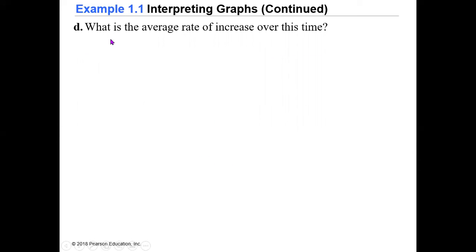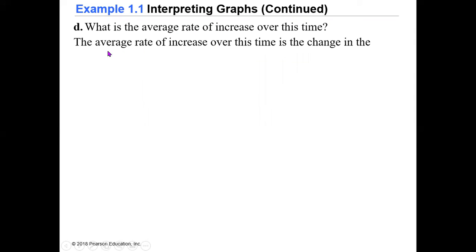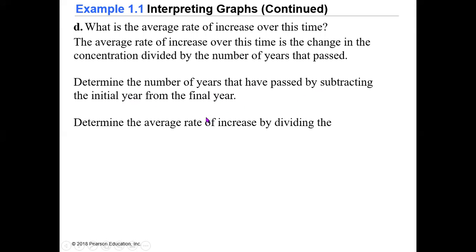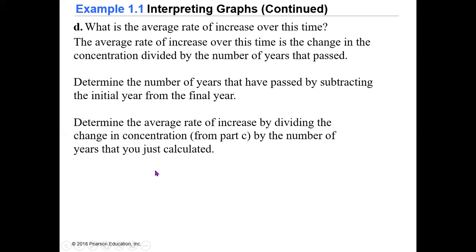And then D is, what is the average rate of increase over this time? So you're talking about the rate. Well, the average rate of increase over time is the change in the concentration divided by the number of years that pass. And we determine the number of years by subtracting the initial year from the final year. So our initial year is 1960, and our final year is 2000.